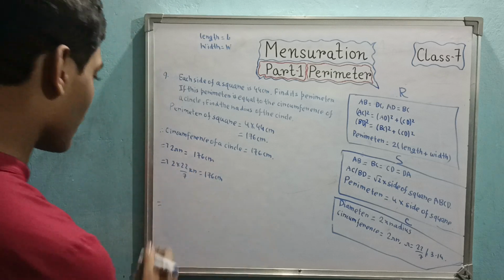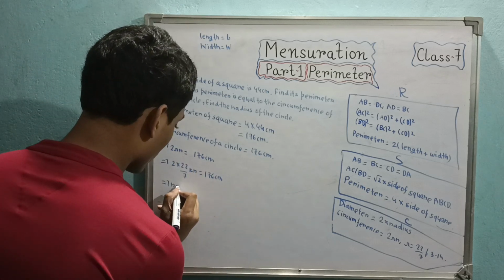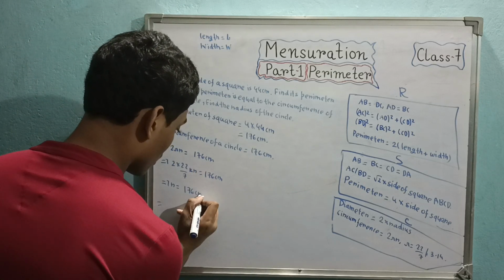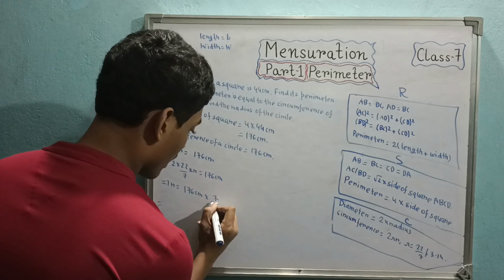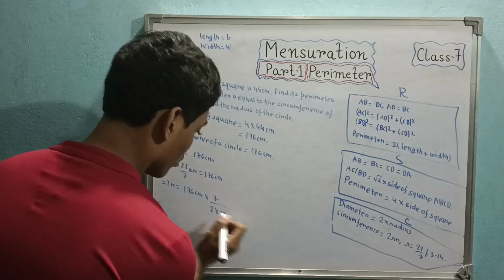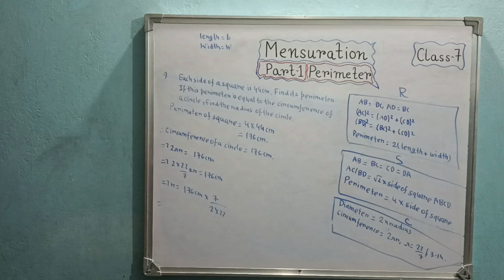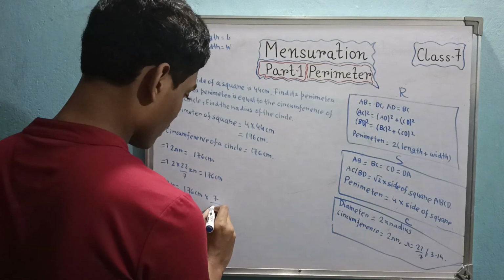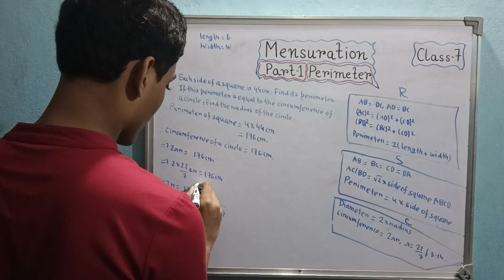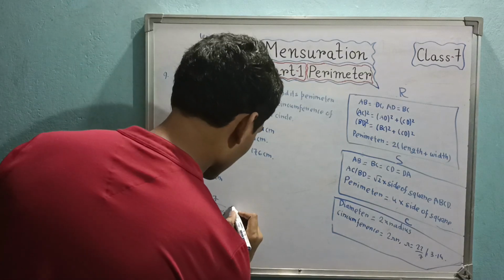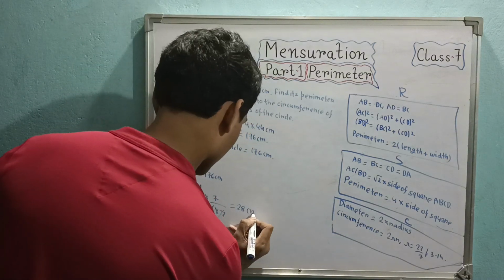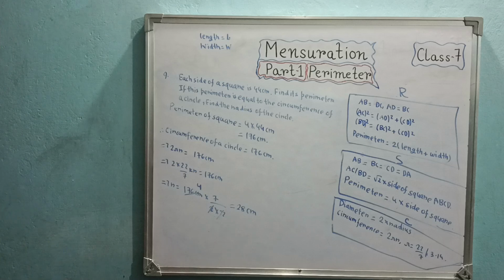Shift these things to this side, or r will be equal to 176 centimeter into 7 by 2 into 22. And after you do some cancellations, you will get this as 28 centimeter. That's how you solve this question as well.